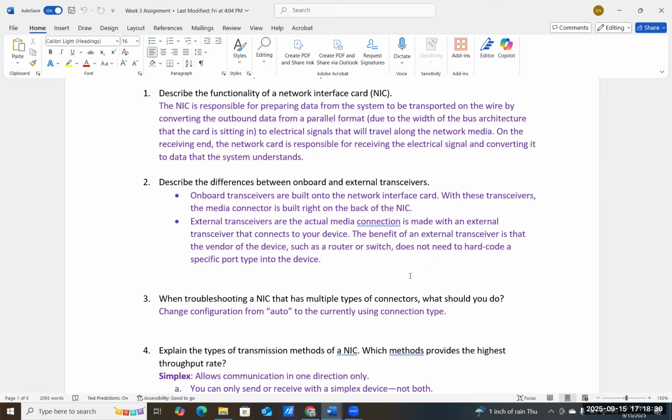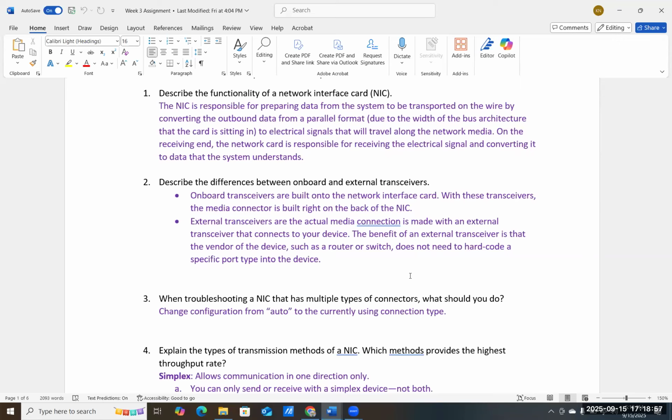So on your operating system, like Windows 10 or 11, or Windows Server, make sure you check the network adapter configuration, and the setting needs to be set to auto because you have multiple connectors. If you only select one connector, you're not utilizing the multiple options that it comes with.